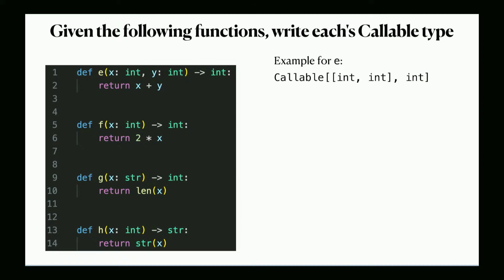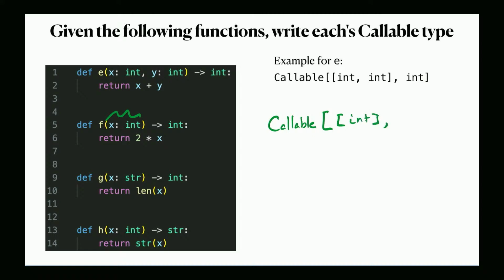So for this first one, for F, again, this is a mechanical transformation. We would say that F's type is callable, and its first type parameter is a list of its parameter types. Well, there's only one, right? So this is the one parameter type. So we would specify int.